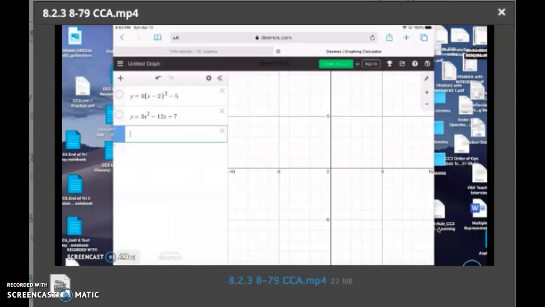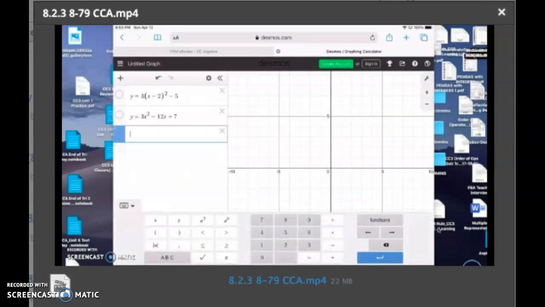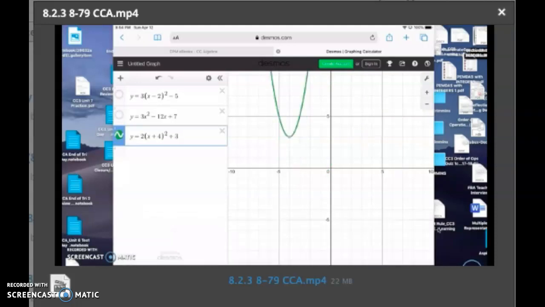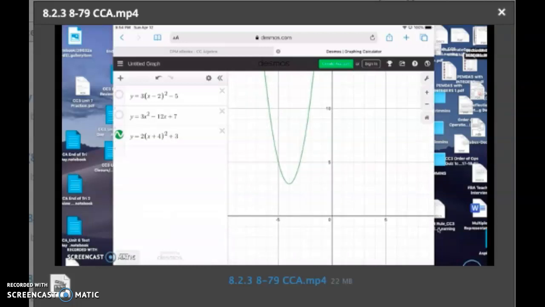Alright, so this equation was y equals 2 times the quantity (x plus 4) squared plus 3. Alright, so we can see it there in green, and I'm going to take a look at the vertex.